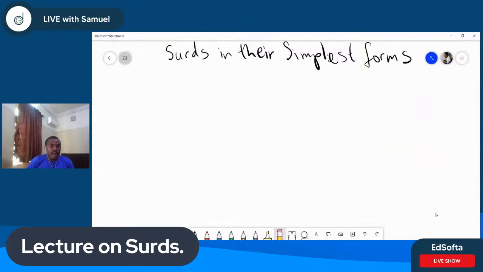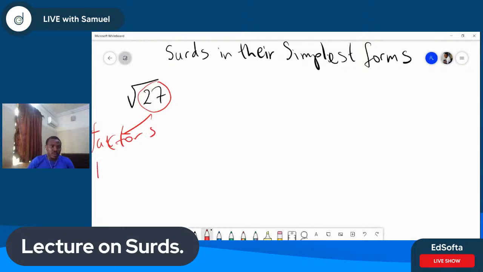Another example would be root 27. Like I said, we pick out the factors.